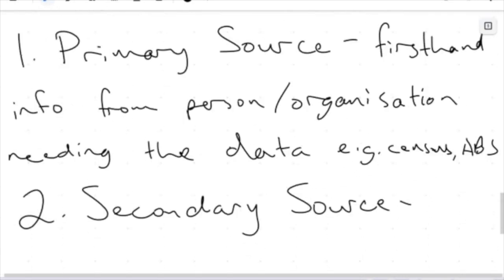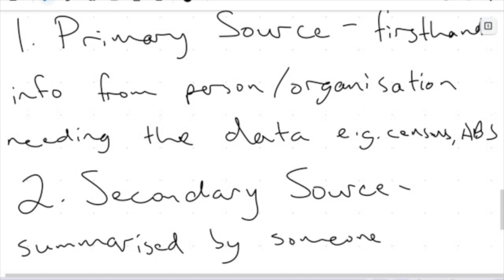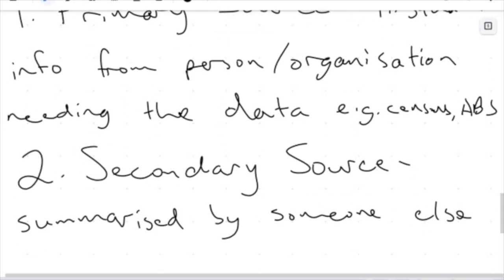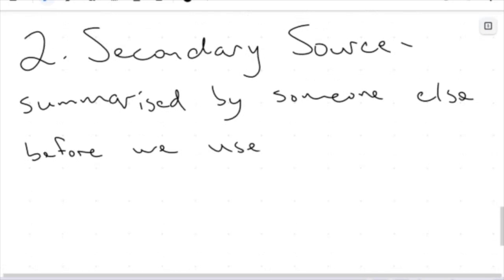Secondary sources of data are ones that have been summarized by someone else before we use it. So we are using it second. That's a good way to remember this. It's a secondary source because we're using it second. Someone has already dealt with this data.